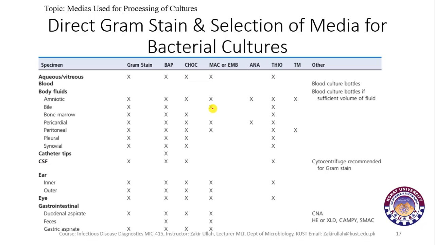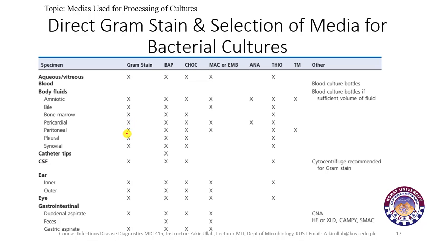So, they are cultured on McConkey or EMB. They are not cultured anaerobically, and thioglycolate broth can be added to this. Bone marrow is also stained with the gram stain, then inoculated on blood and chocolate agar because these may contain fastidious organisms.